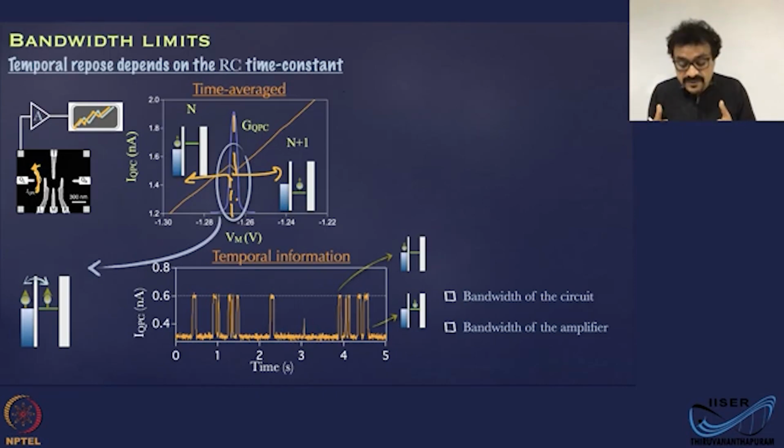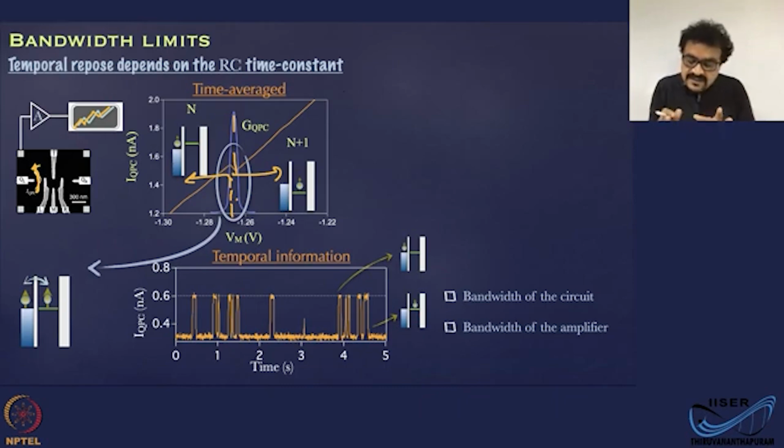You are also interested in the lifetimes and all the other aspects of these electron states, none of which are available when you do this measurement. So, of course, again, there are limitations on how fast you can do this measurement. Okay, those are decided by the RC time constant of the measurement circuit.